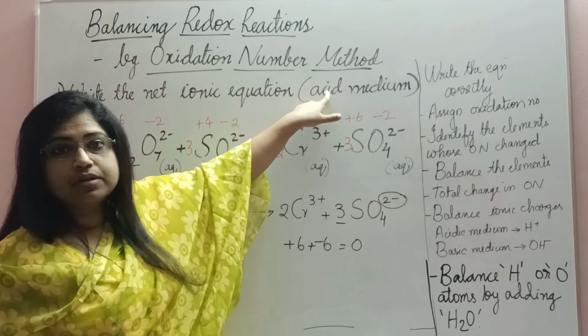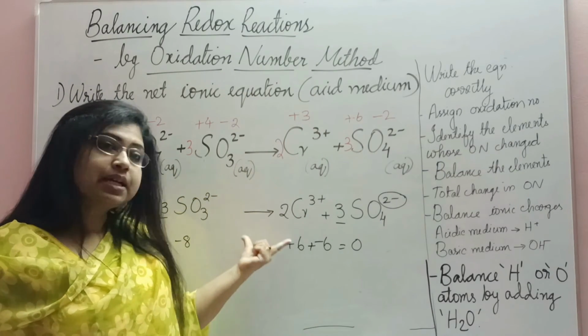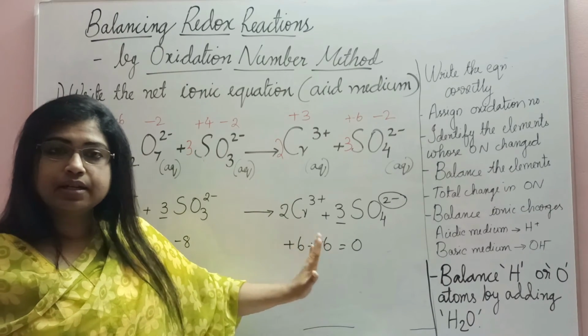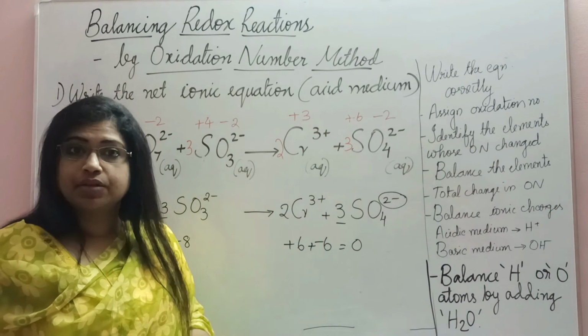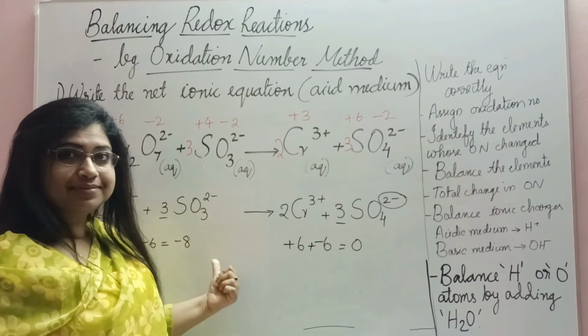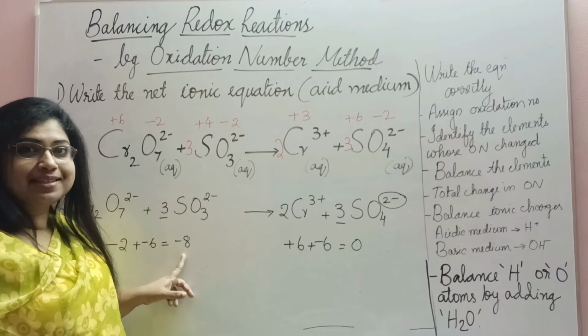And the reaction occurs in the acid medium. So in order to balance the ionic charges on the reactant and on the product side, we need to add H plus ions. Where will you put H plus ions? Here or here? Here. Here there is a -8 charge.